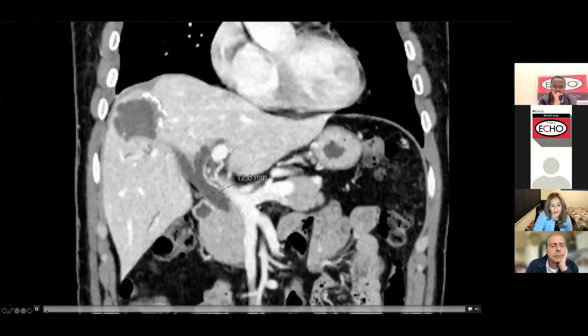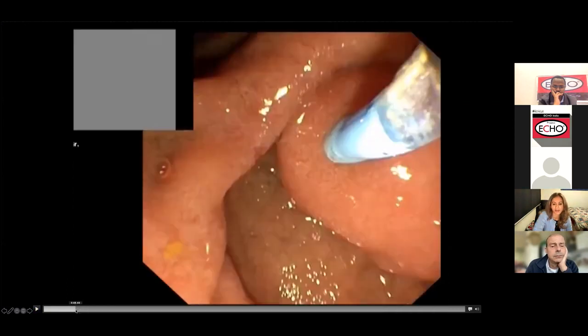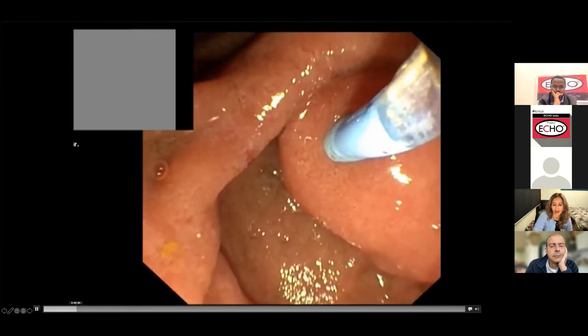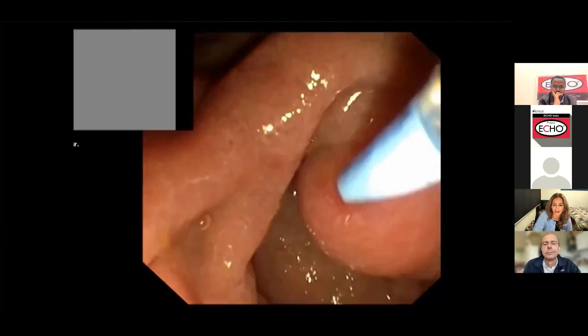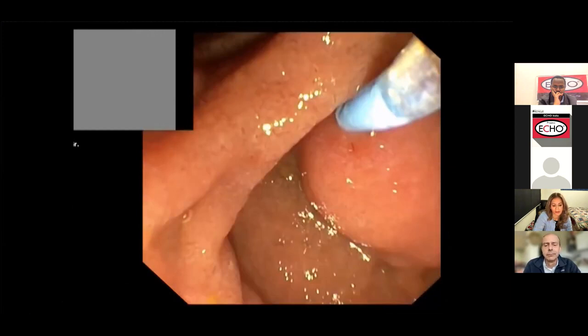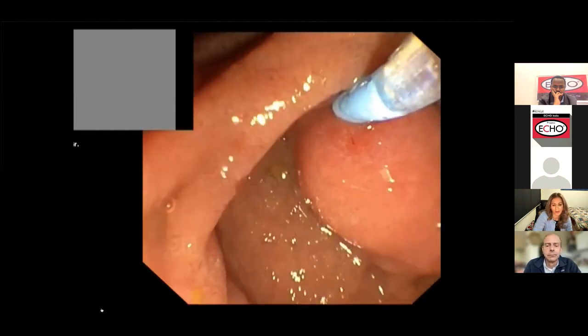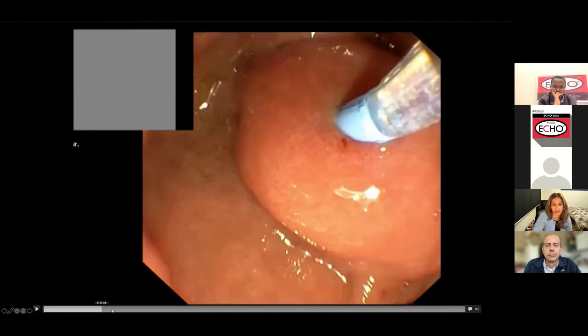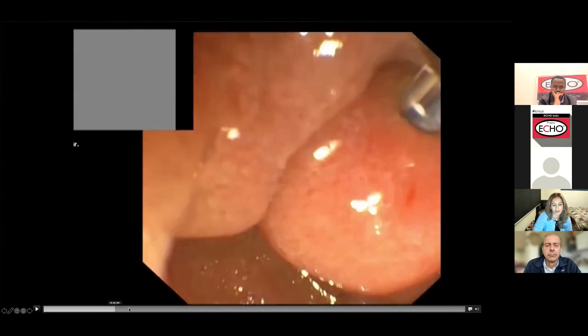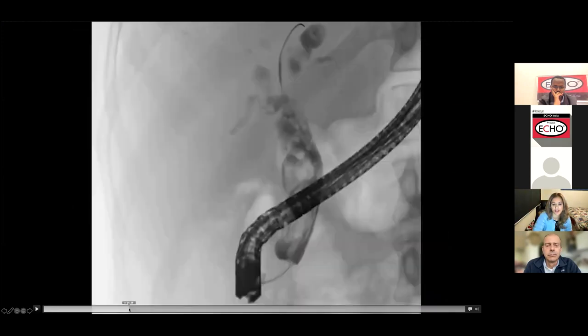So if we just move it along forward, the gentleman went on to have an ERCP, and there the ampulla is cannulated. And a cholangiogram is performed. I'll just pause it there. So it shows multiple filling defects in the common bile duct. The cystic duct is not being very well opacified there.